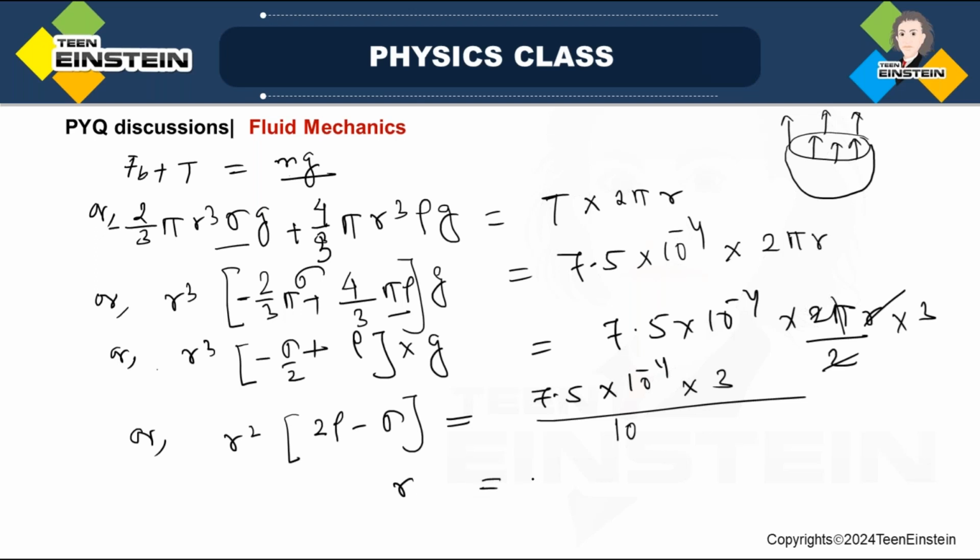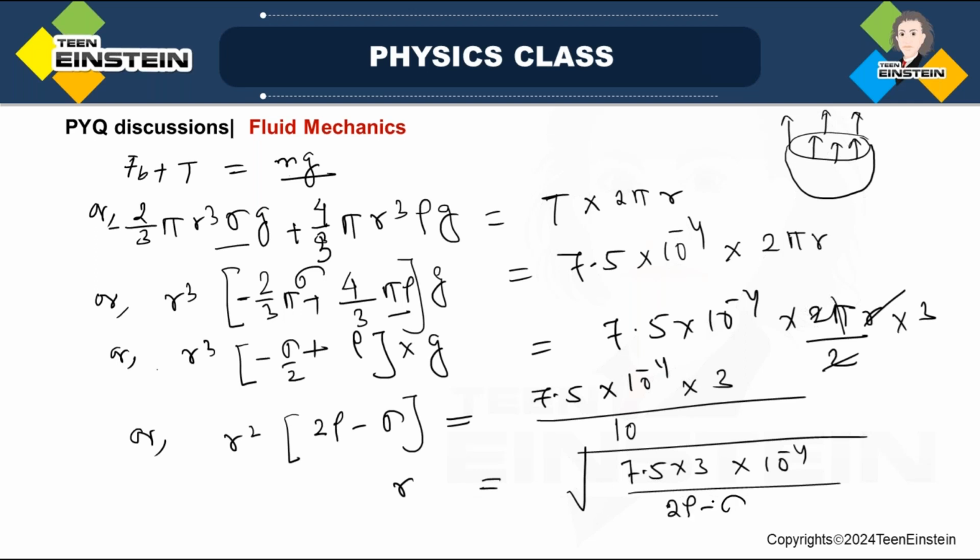Then what is r? R will be square root of 7.5 into 3 into 10 to the power minus 4 divided by 2 rho minus sigma into 10.